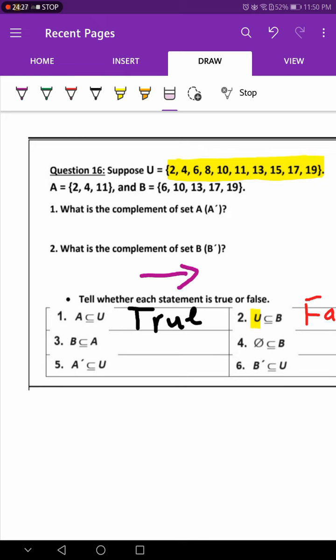He asked me, can you find the elements of B in A? Let me check. 6. I cannot find the 6 here. So it is not correct. So it is false.